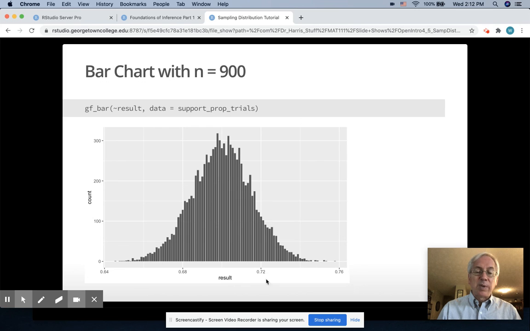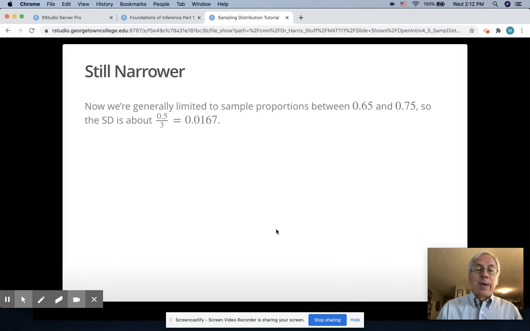That means 3 standard deviations would be about 5 percentage points, and 1/3 of that is approximately 0.0167, rounded. That's going to be our approximate standard deviation.